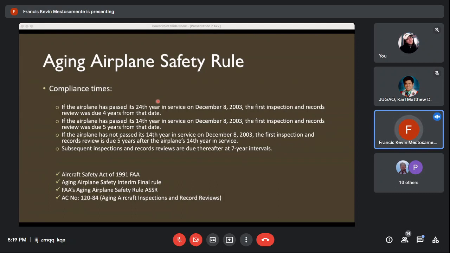So sabi ko nga, yung Aloha Airline, if I'm not mistaken, 1988, sorry, I don't have the notes on my end. After that, the US government passed a bill regarding it. It's the Aircraft Safety Act of 1991. So this is with the US government. Sorry, I provided FAA. That's an error.